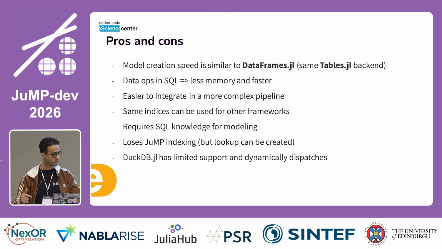So it requires some mindset changes. And you also lose the JuMP indexing, which is one of the really nice things about JuMP that we used in the beginning to sell JuMP to our partners. But a lookup can be created because you have all that information in the table. So in most situations, that was not a downside.